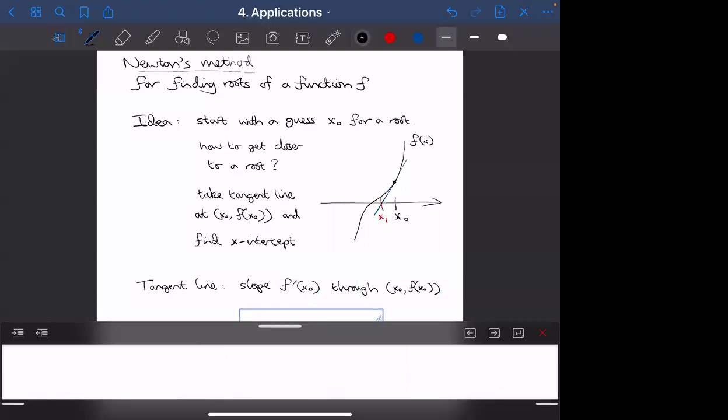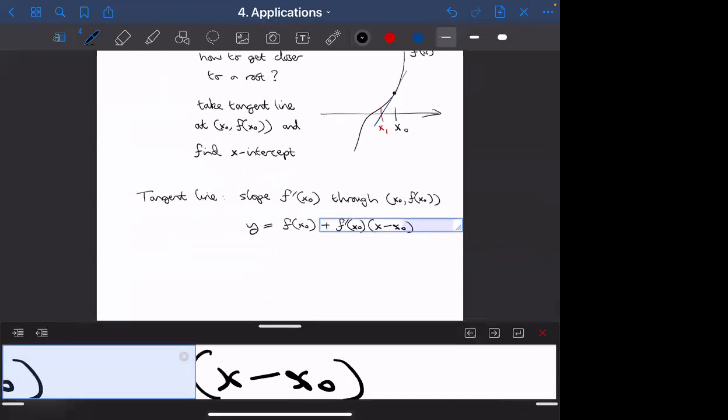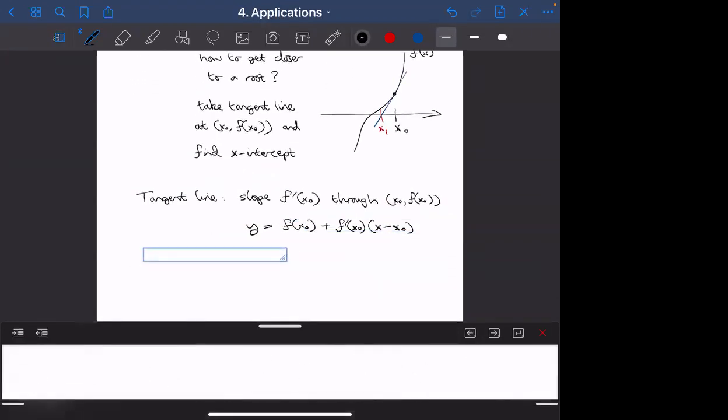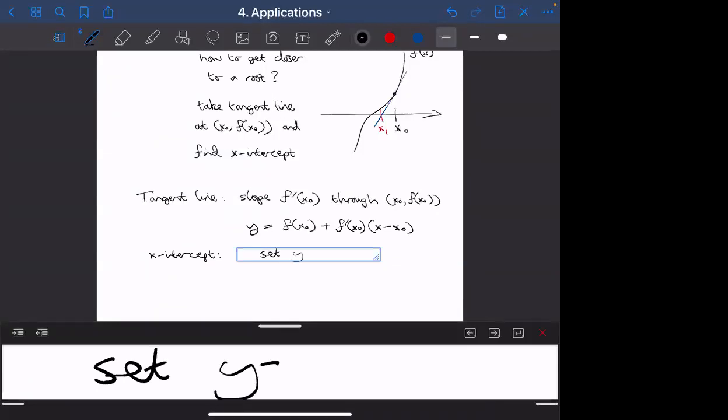So the equation is y equals f(x0) plus f prime x0 times (x minus x0). For the x-intercept, as usual, we set y equals 0 and solve.